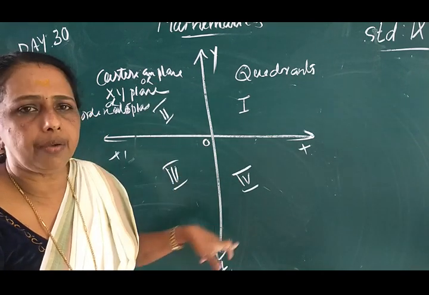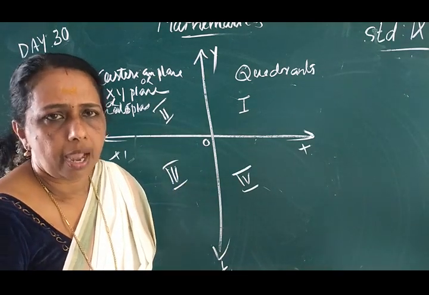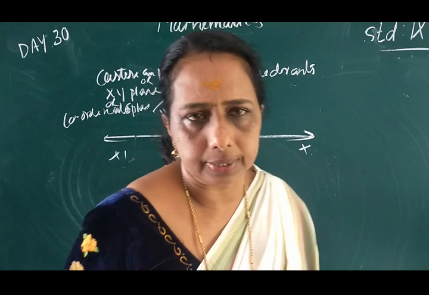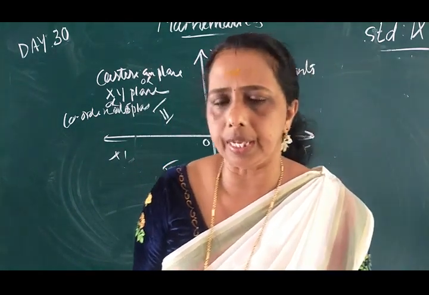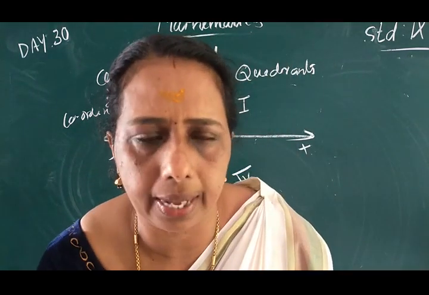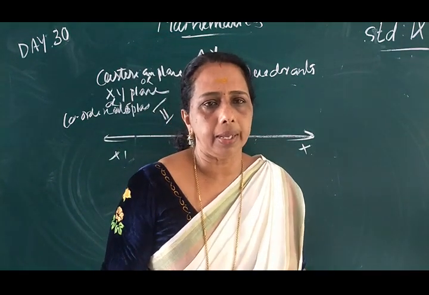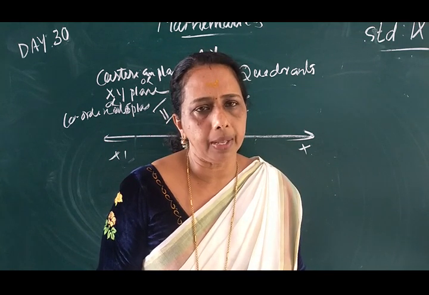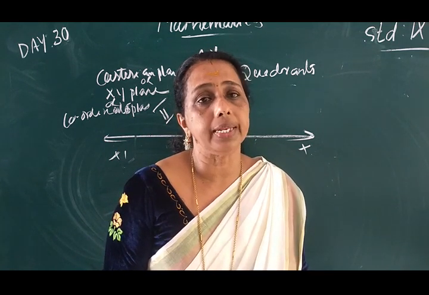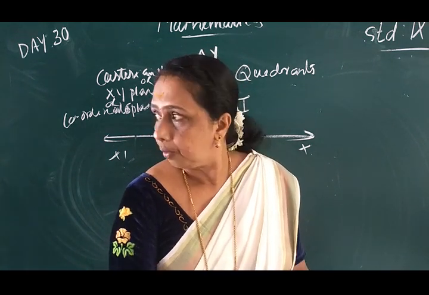Then the plane is divided into 4 parts, and each part is called a quadrant. The quadrants we take in the anti-clockwise direction. Then that plane is called a Cartesian plane, or XY plane, or coordinate plane.